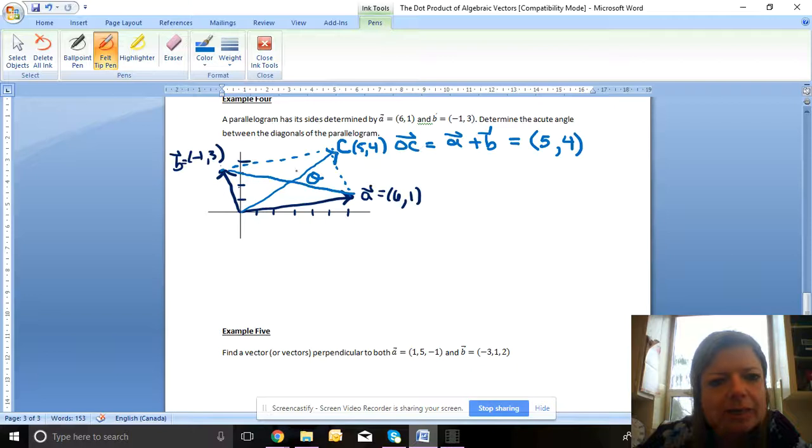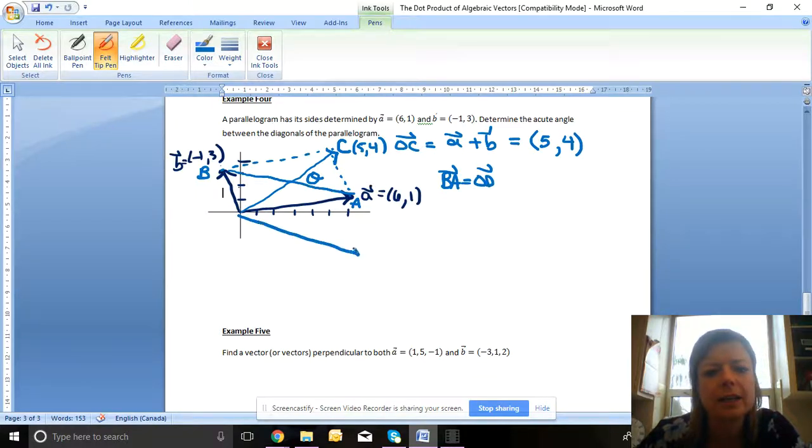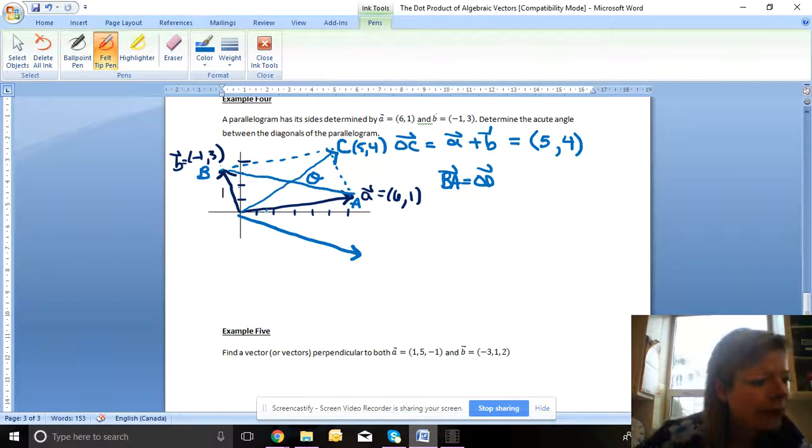So we need to know the angle between this vector here and this vector here, which is BA. So BA is going to be equal to its position vector OD. So if I draw vector OD here, the angle that we have right here, these two angles are equal.